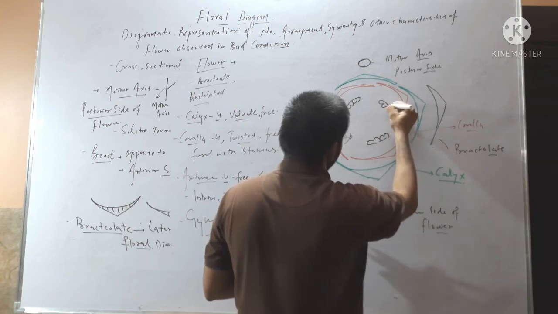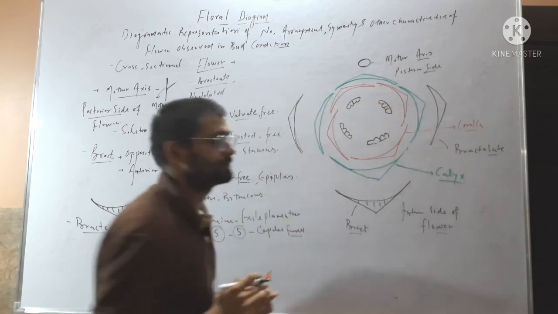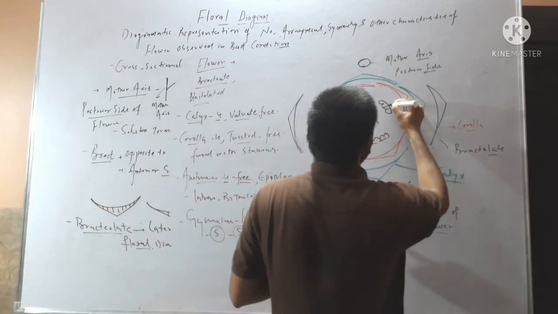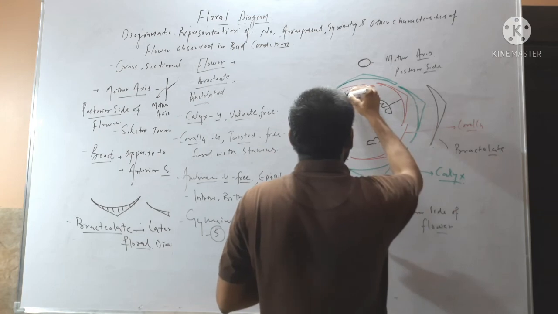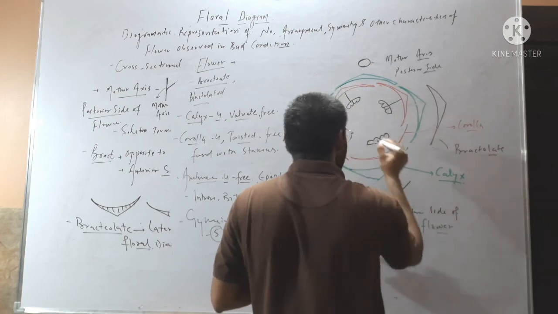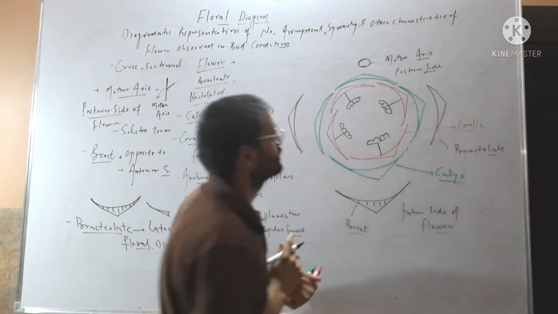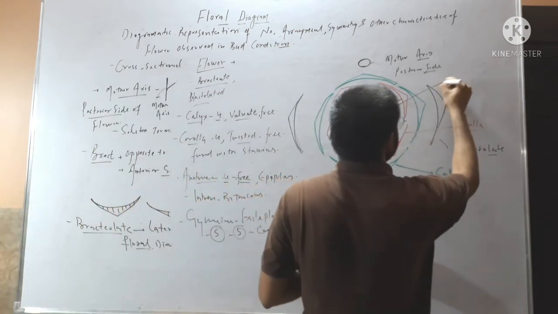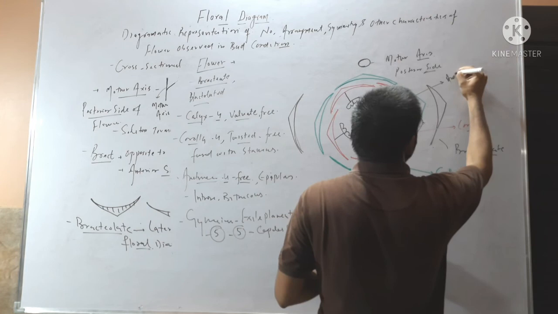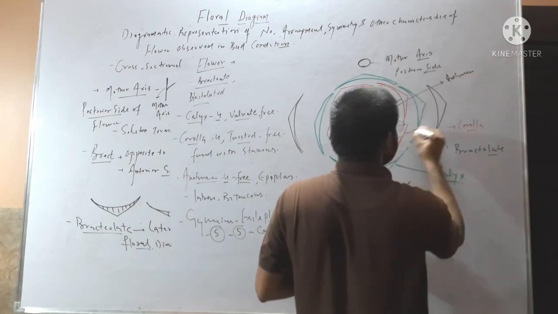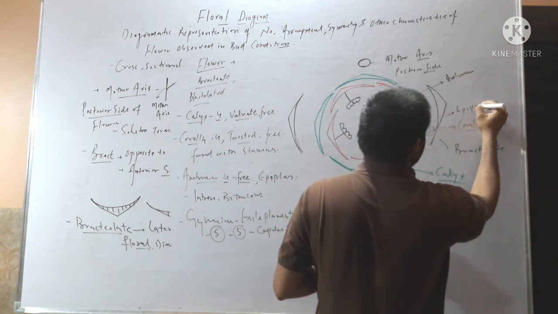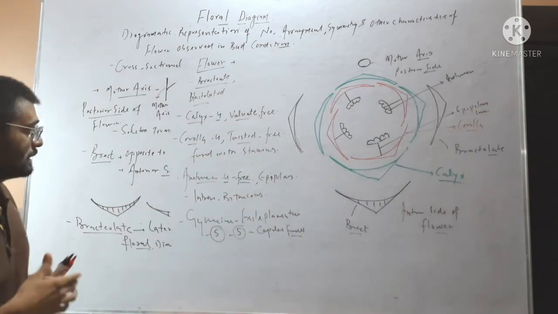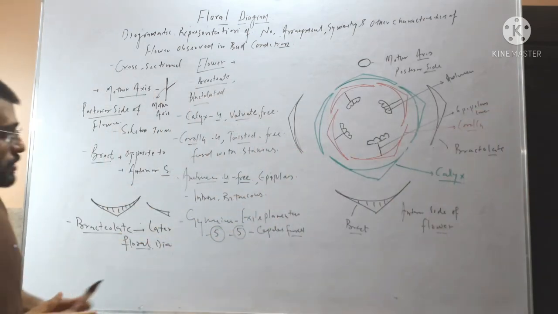So they will be shown like this. And for the epipetalous condition, there will be a solid line that connects petal and stamen. So these represent the androecium. And this condition is called epipetalous condition.